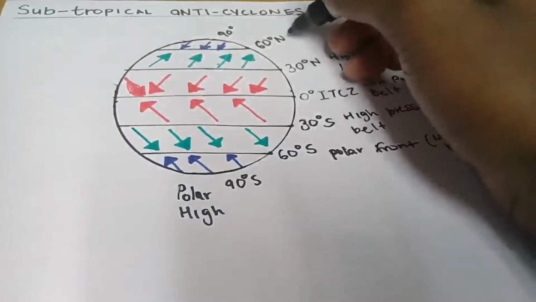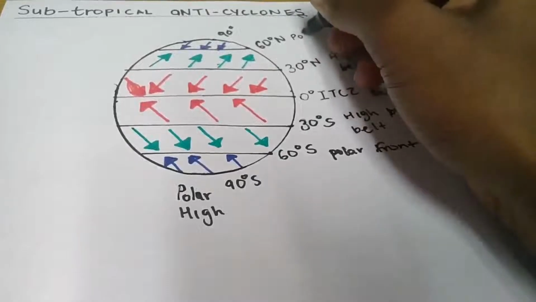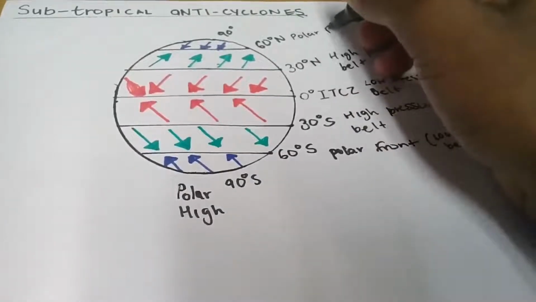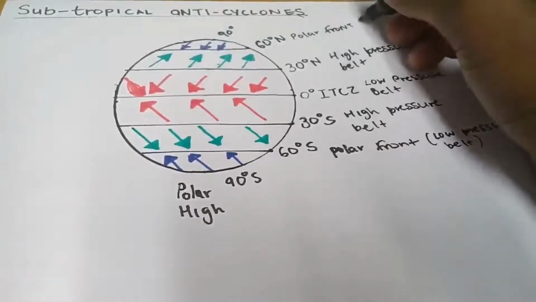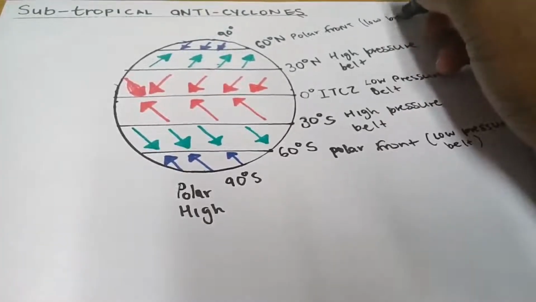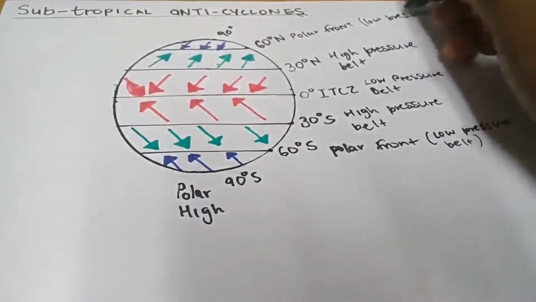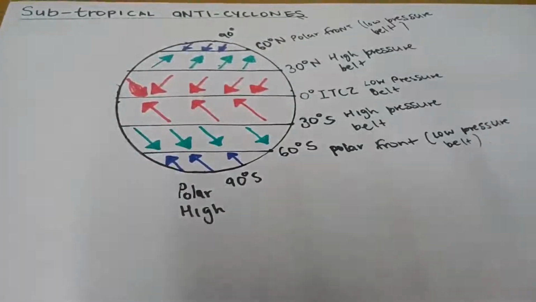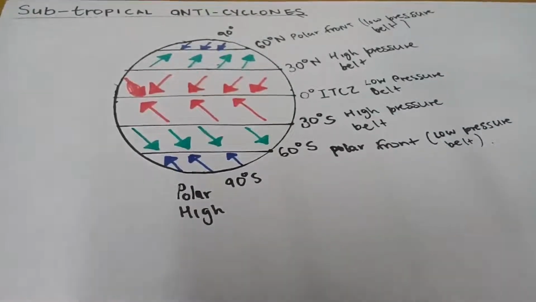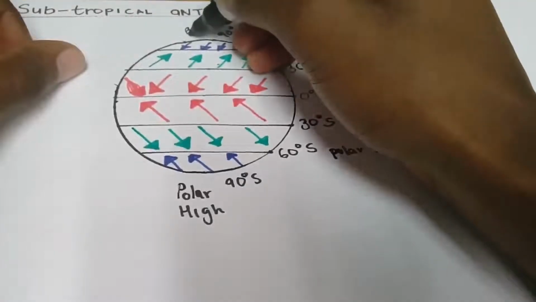Here it's a low pressure belt, the polar front. Also here, the polar high.